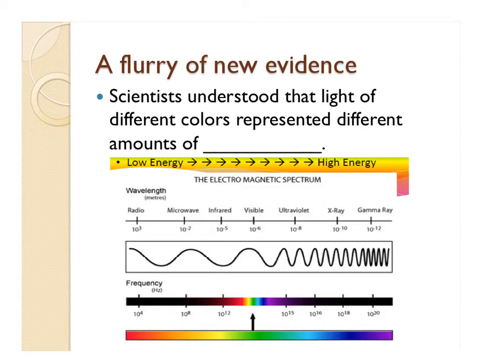As I kind of said on the previous slide, scientists did understand that the light of different colors represented different amounts of energy. So red would have the lowest amount of energy, and purple would represent a higher amount of energy. So different colors represent different amounts of energy. This was the basis for Bohr modifying the model of the atom.